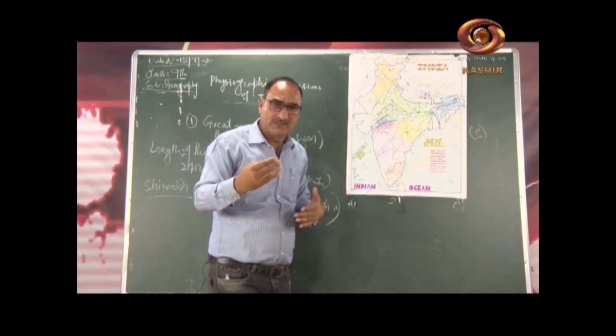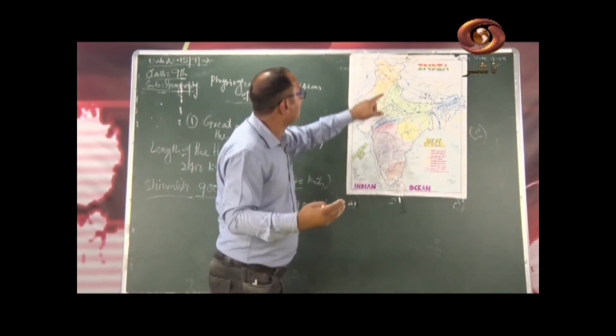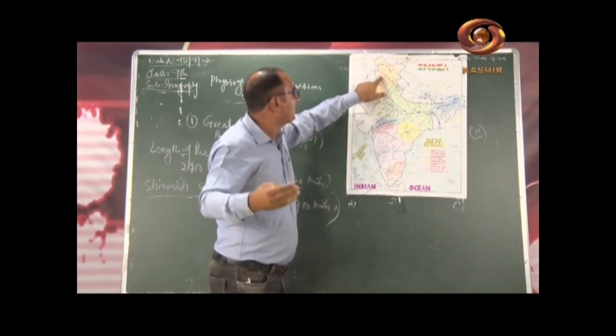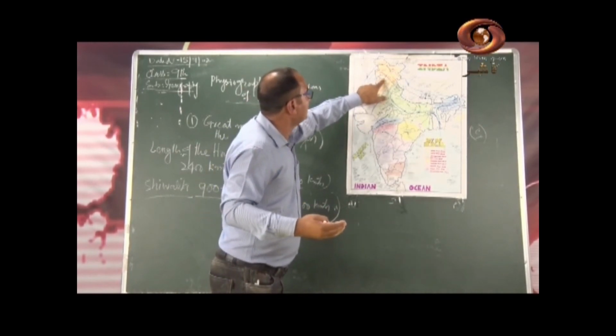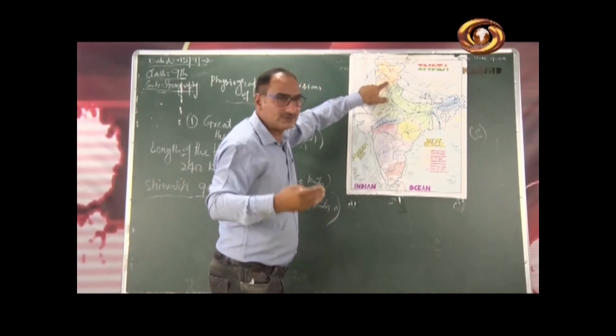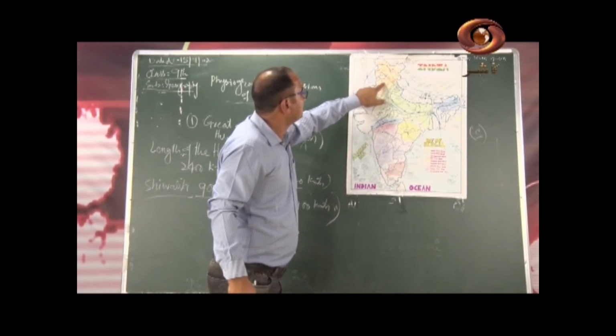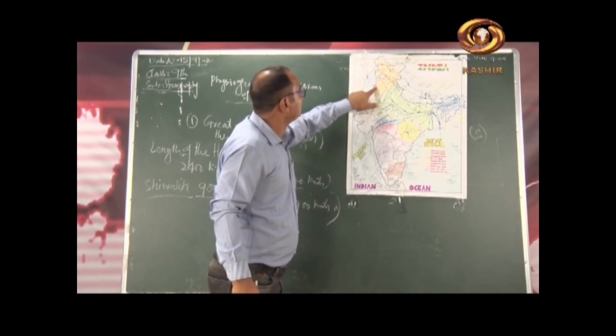The Ganga also has its source in the middle Himalaya. Then there is the Ravi River, which has its source at Rohtang. Then there are the Beas and Sutlej.